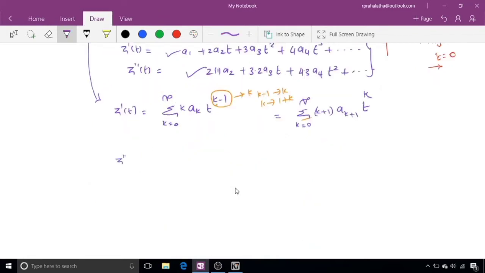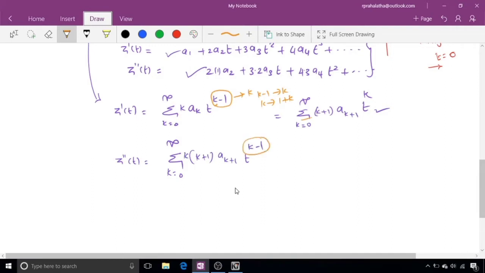Again differentiating, z double dash of t is equal to summation, k varies from 0 to infinity, k plus 1, a_{k+1}, t power k, that is k t power k minus 1.